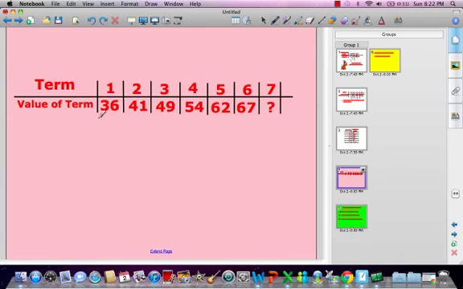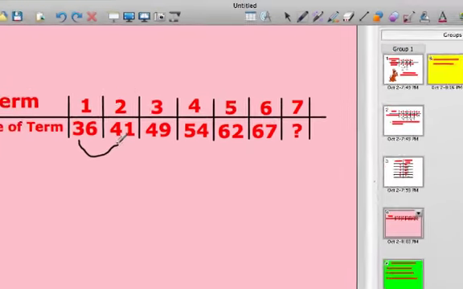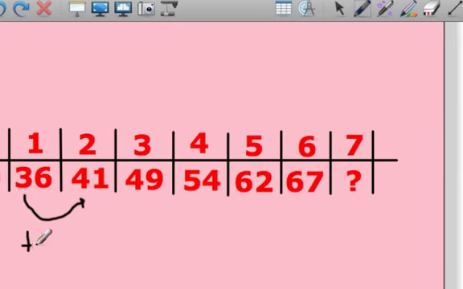So, like I said, if you wanted to say to yourself, okay, this is going up by 5 here, and I know it's going up by 5, so I'm going to skip to the last step and put my answer as 72, because I know 67 plus 5 is 72. Well, watch what happens. From 41 to 49, it doesn't go up by 5, does it? So it's kind of a little bit of a wolf there, if you will. That goes up by 8. And then it goes up by 5 again.